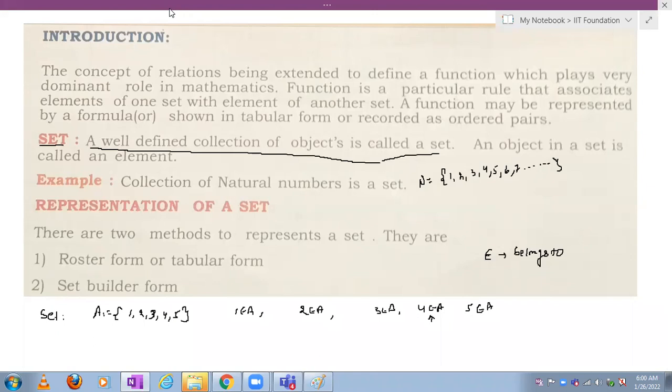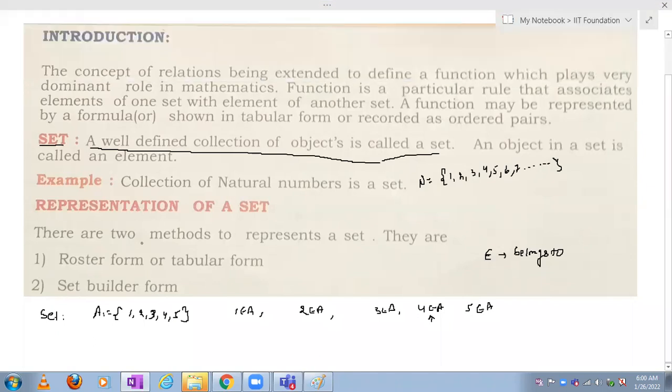One is the roster or tabular form. Suppose I am writing A is equal to 1, 2, 3, 4, 5. This is the roster form of defining a set.